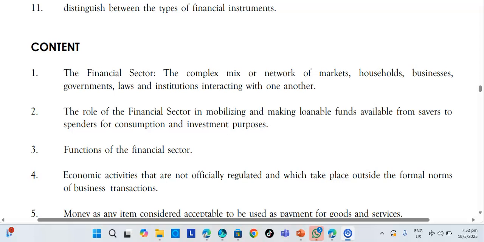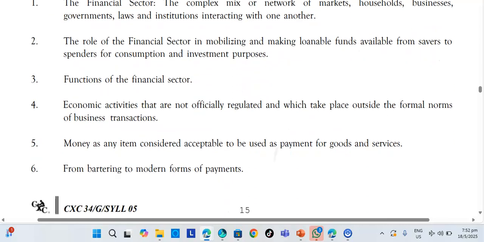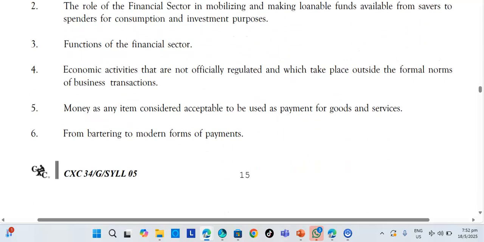Another function is risk management and insurance, meaning that the financial sector helps individuals and businesses protect themselves from financial loss by encouraging investment and confidence in economic activity. All right, so those were the functions of the financial sector. There are many others that you can write. Just think of a central bank or another financial institution and what its functions are.